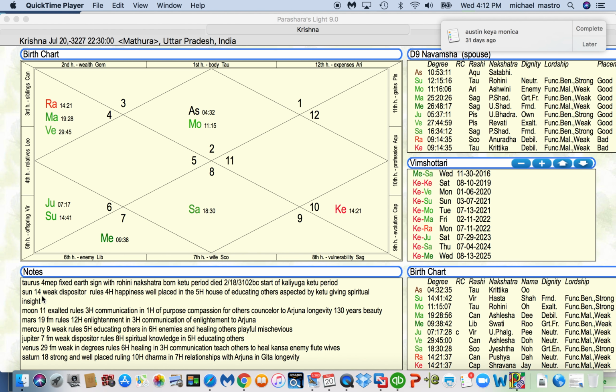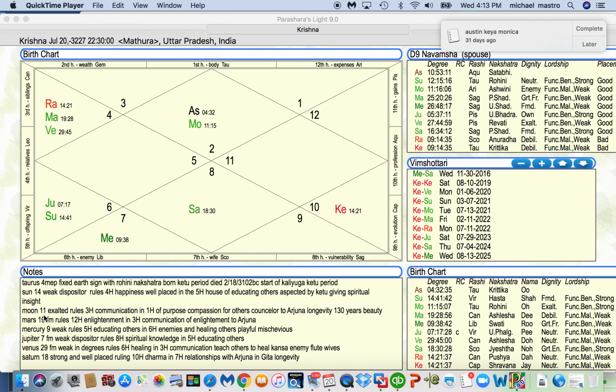So Sun is at 14 degrees, and it is ruling the house of happiness through family, and it has a weak dispositor, and so it rules that 4th house of happiness, and it's well placed in the 5th house of educating others, and it's aspected by K2, which in his case is giving Sun, meaning leader, and the ability to educate others in spiritual matters.